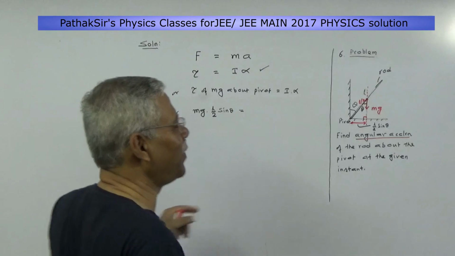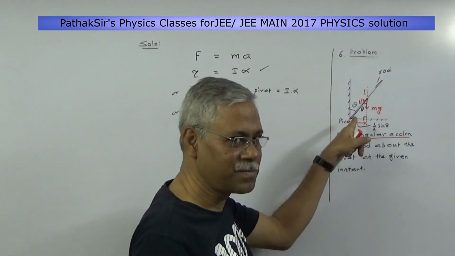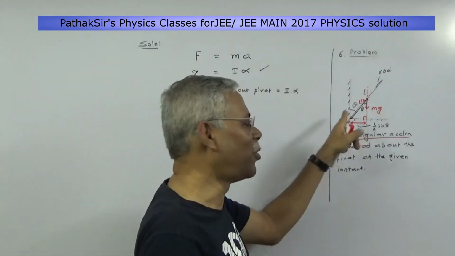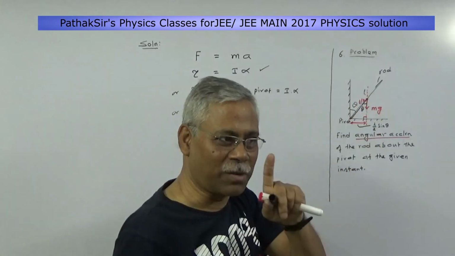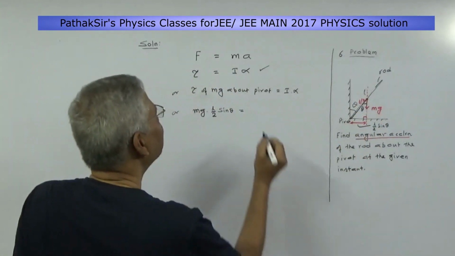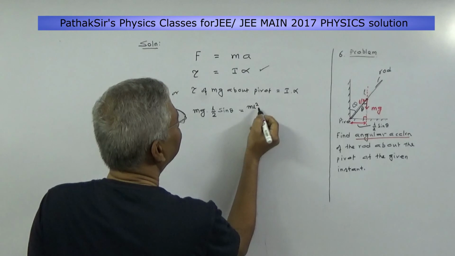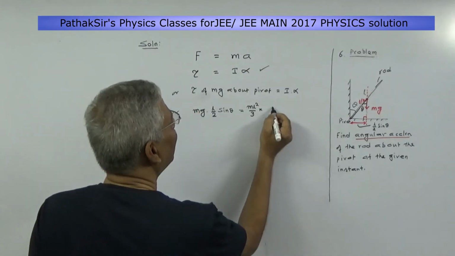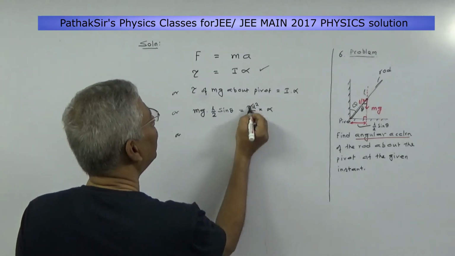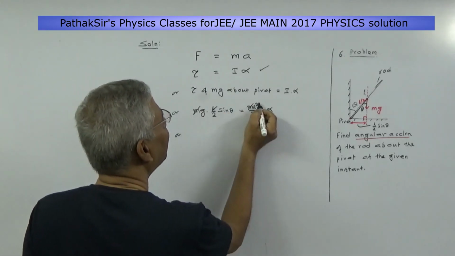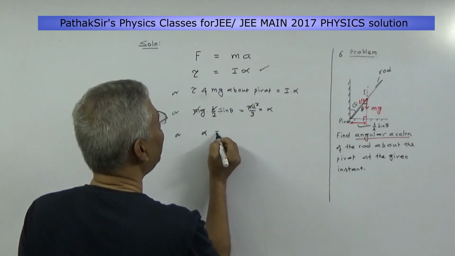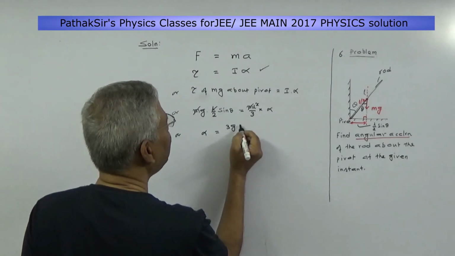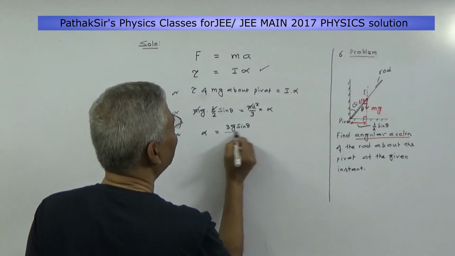What is the moment of inertia about the axis of rotation? About the midpoint it is ml square by 12, about the end ml square by 3. So mL square by 3 into alpha. Finished. So we get the answer: alpha equal to 3g sin theta by 2L.